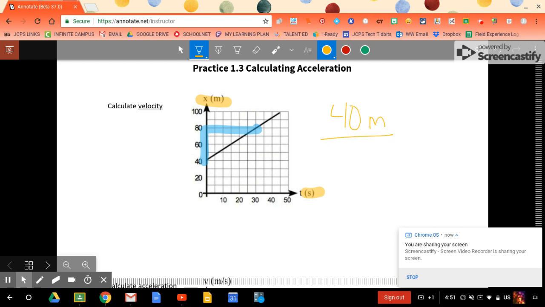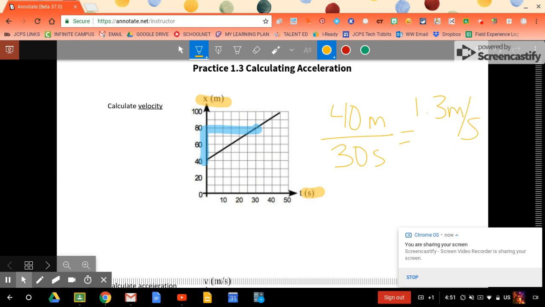And so you find your time, so from 0 seconds to 30 seconds. And that is going to give me 1.3 meters per second. So keep that in mind.